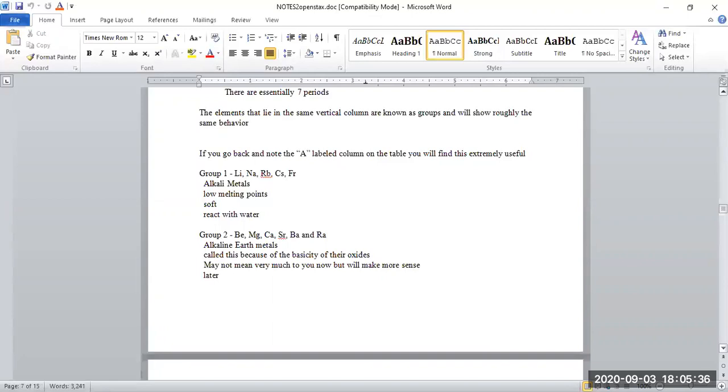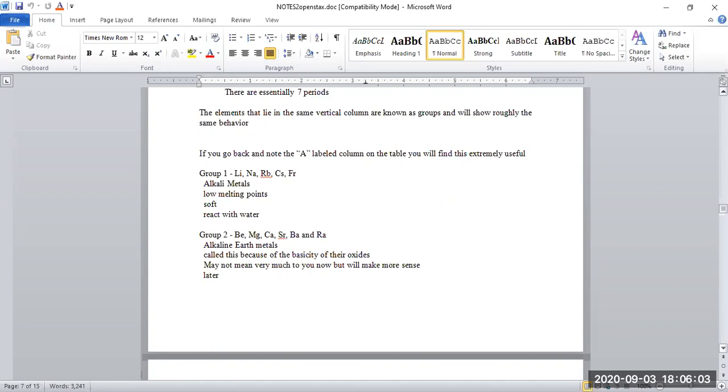So let me tell you a little tale. We bought some sodium as a department for the purpose of doing some demos. It comes in what looks like a paint can, because the final line of this group is that they react with water, but they also react with oxygen in the air.